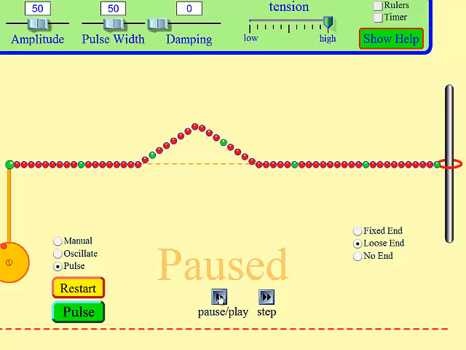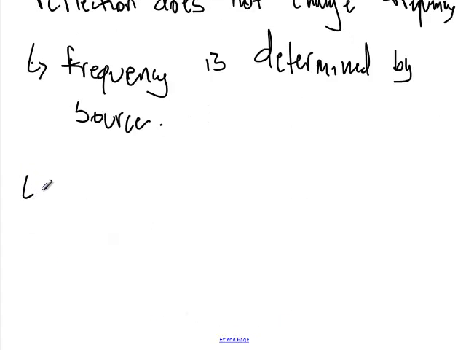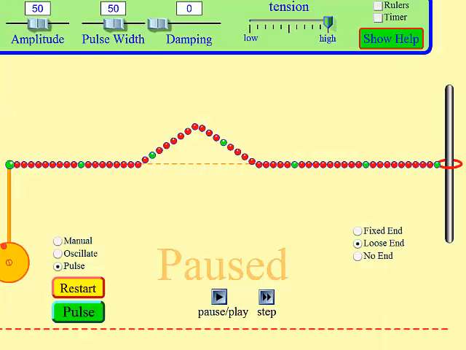So if we take a look at what that means, we have slightly different behaviors based on what it's running into. Frequency is determined by the source. Reflection occurs when it hits a boundary, but a loose boundary, well, that was a weird L. A loose boundary, now I'm embarrassing myself. Loose has got two O's.